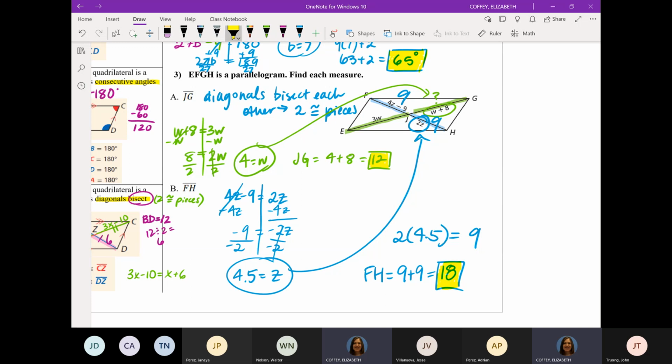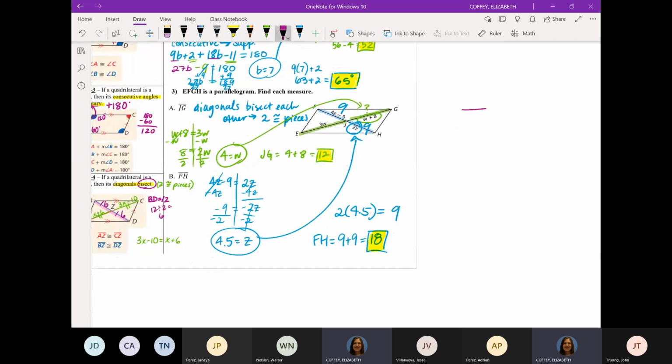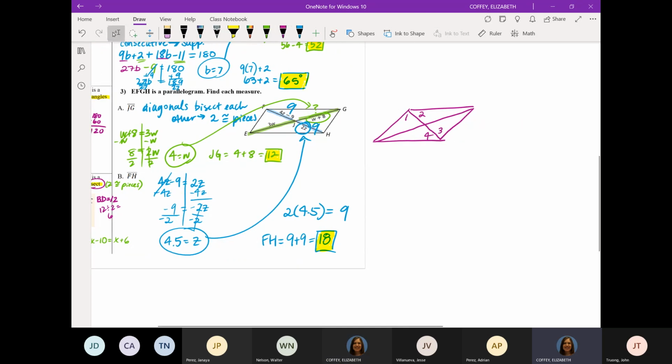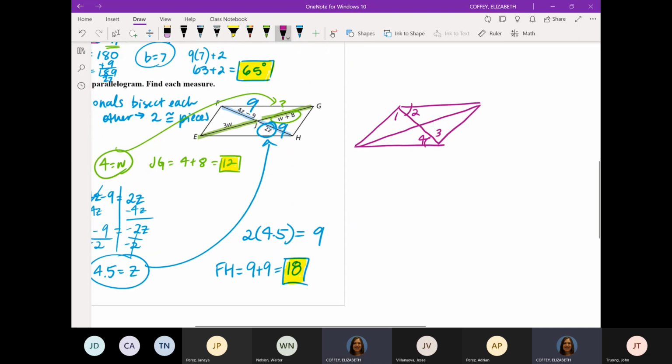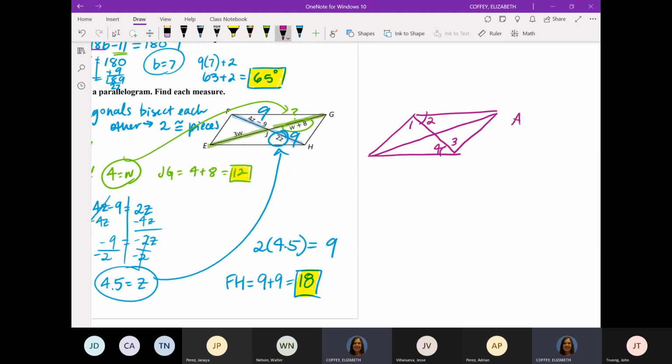The only other thing you need to know on your homework, you might have a question that's asking you about something like this. So I'm just going to leave this on the board as you're working on your assignment in case you need help with that. If you have two diagonals like this and I give you the angles, let's call this 1, 2, 3, and 4. Angle 2 and angle 4 would be considered alternate interior angles. I know it's been a while since we talked about that, but it keeps coming back, right?